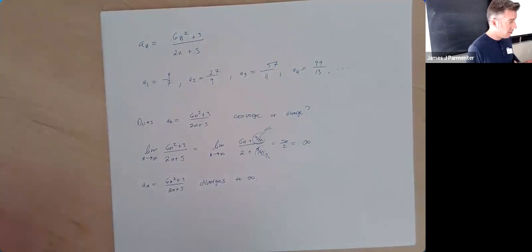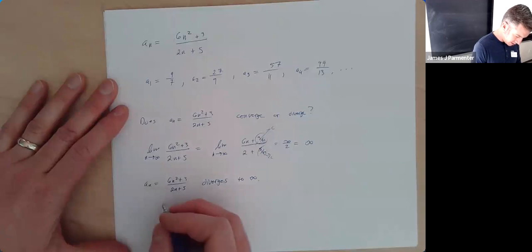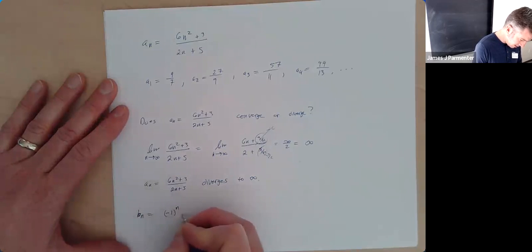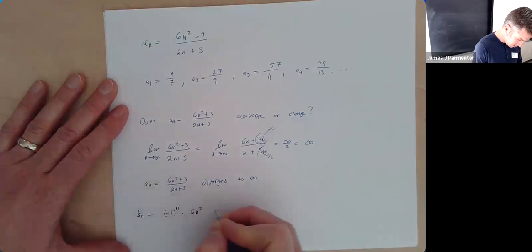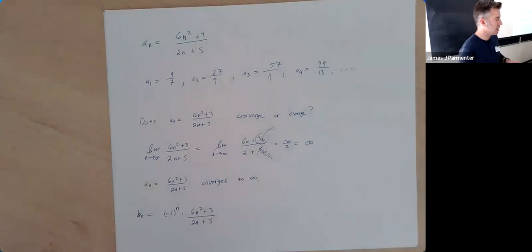On the other hand, just to point out another example, if my sequence was instead b sub n equal to -1 to the n times the previous sequence, 6n squared plus 3 over 2n plus 5, that -1 to the n is going to make the terms alternate signs.